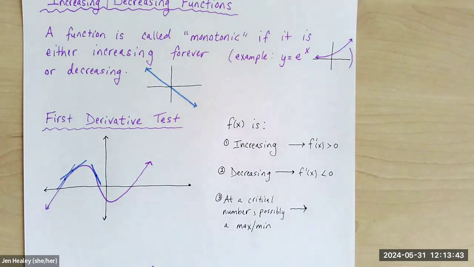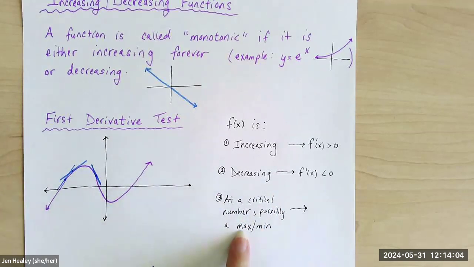And then if we're actually at a critical number, a critical number could be where your derivative is exactly equal to 0, or it could be where your derivative is undefined. If the derivative is undefined, we don't necessarily get something nice on the graph that explains what's happening. But if our derivative is equal to 0, we possibly have a maximum or a minimum value there.